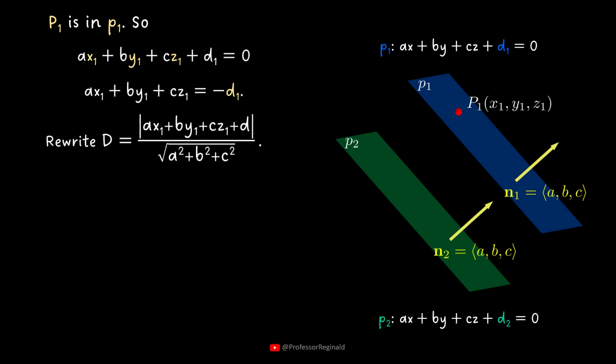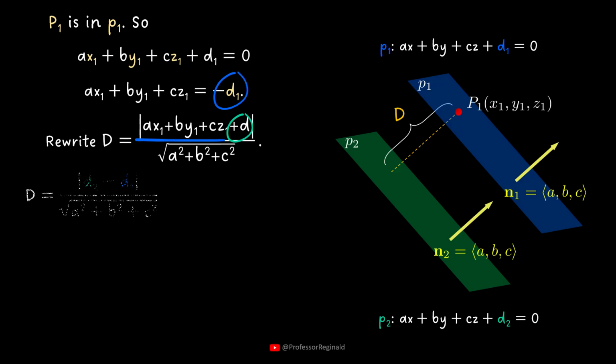This formula is originally for the distance between a plane and a point not in the plane. For the distance between the point and the second plane, this constant term is the constant term for the second plane. And the sum of these terms are equal to the negative of the constant term for the first plane. So this is now the distance formula for two parallel planes with equal normal vectors.